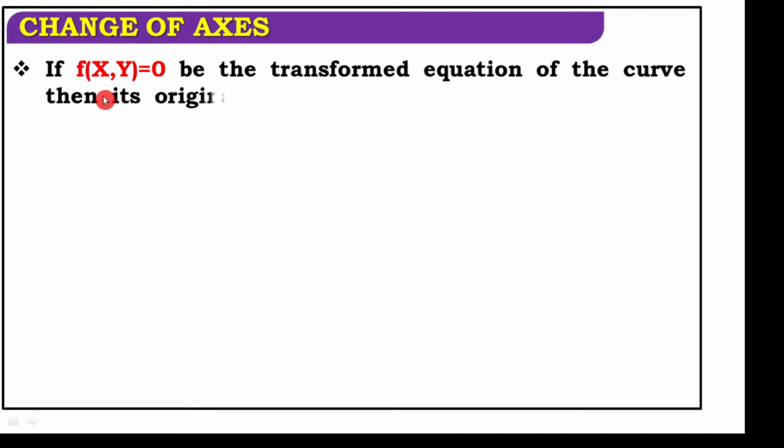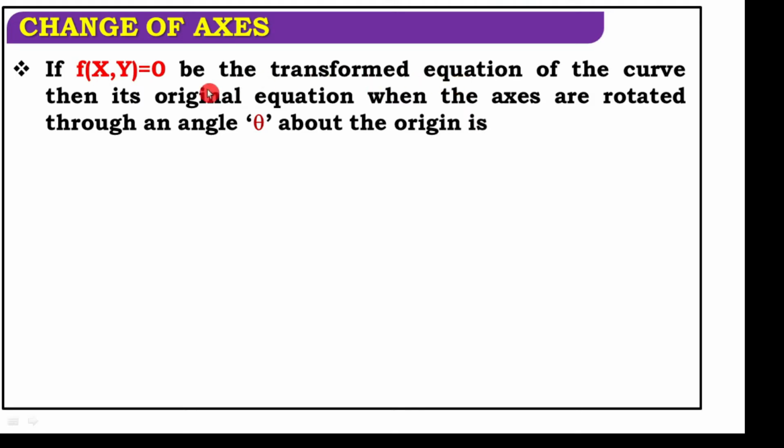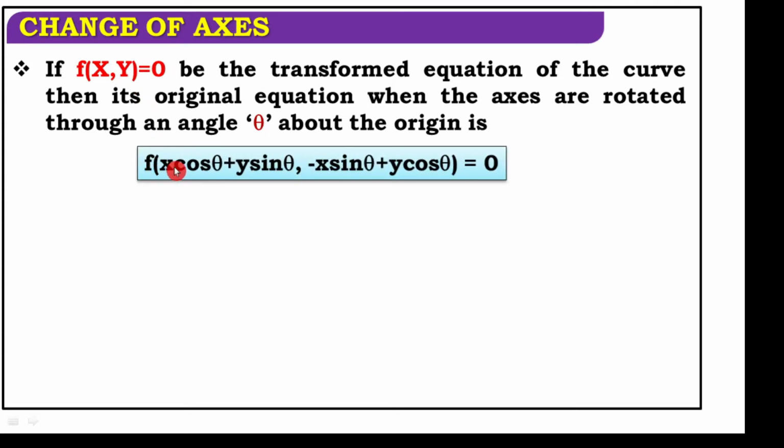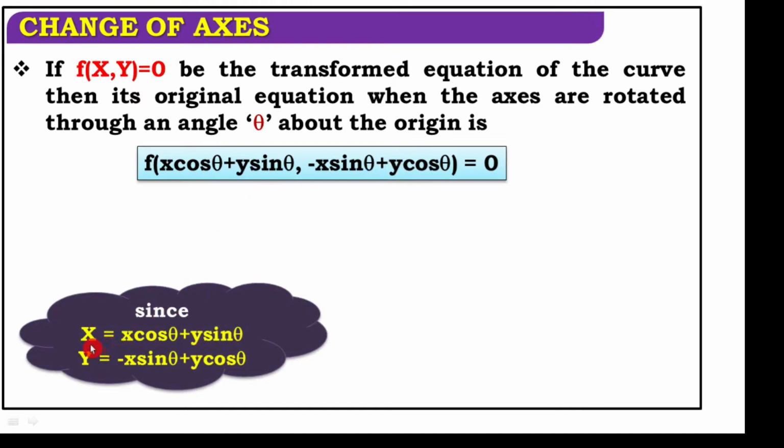If f of capital X comma capital Y equals 0 is the transform equation of the curve, then its original equation when the axes are rotated through an angle theta about the origin is f of x cos theta plus y sin theta comma minus x sin theta plus y cos theta equals 0. When the transform equation is given, in the place of capital X we write x cos theta plus y sin theta, and in the place of capital Y we write minus x sin theta plus y cos theta.